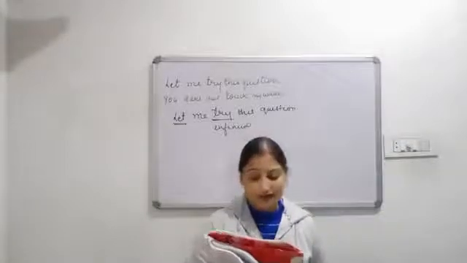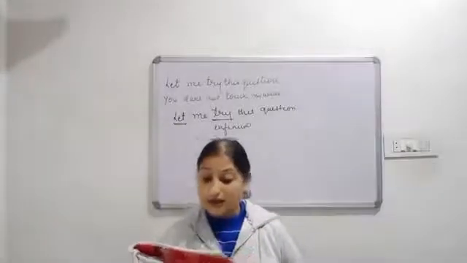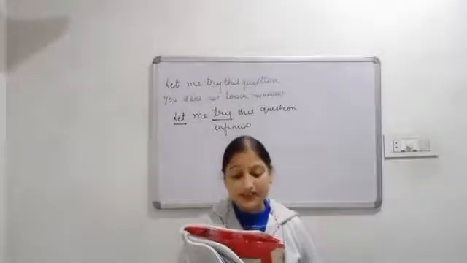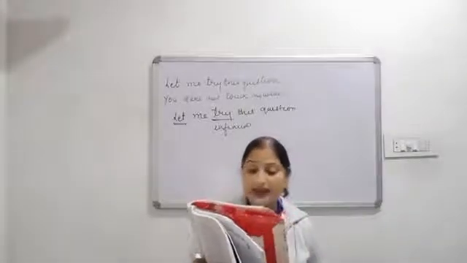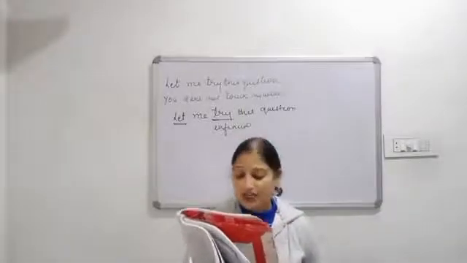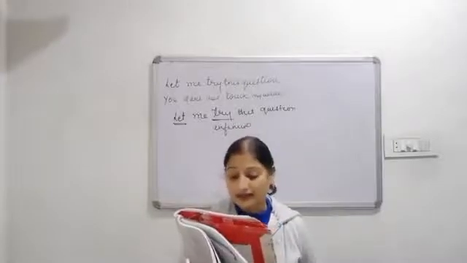For example, I would rather die than beg. You had better return my books in time. One more, to is omitted after than and after but. So she can better sing than dance. The child did nothing but cry.